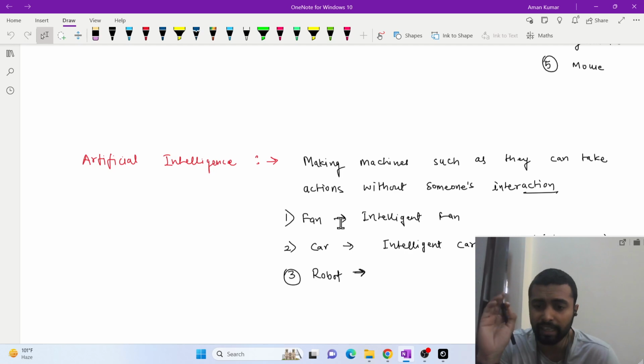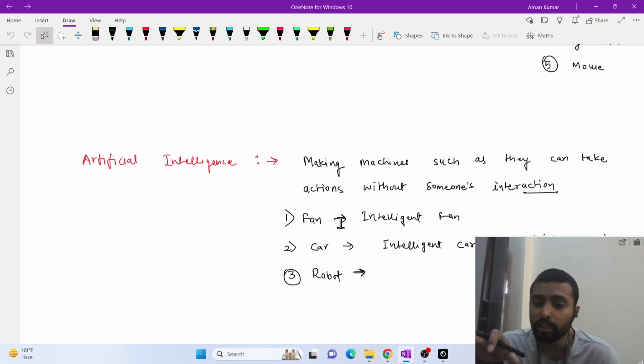So as soon as you enter the room, of course you are going to switch on the light, or maybe if it is summer, then you are going to switch on the fan as well, right? So think about the scenario. Right now you have to switch on the fan to run it.